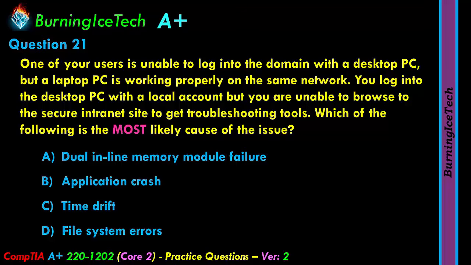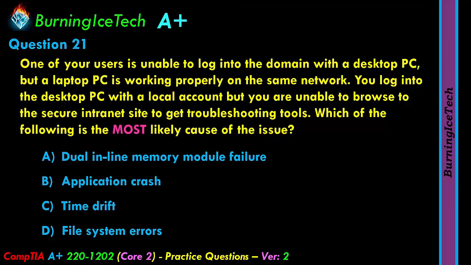An intranet is a much smaller version, which is normally inside your company. You can basically say it's a network that only resides within your company. So when I log on to a desktop PC with a local account that resides on that PC, I'm unable to browse the network within the company itself, and I'm unable to access any of the troubleshooting tools. What is the most likely cause of that?